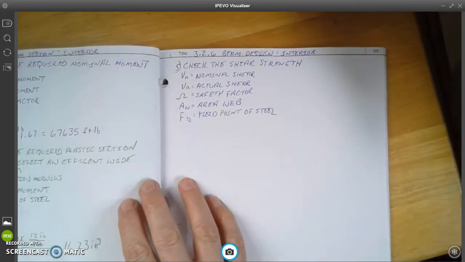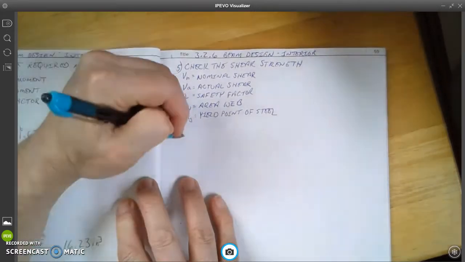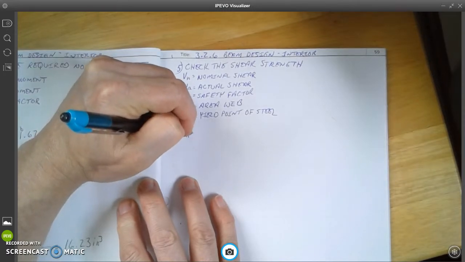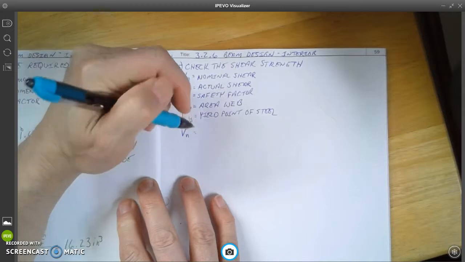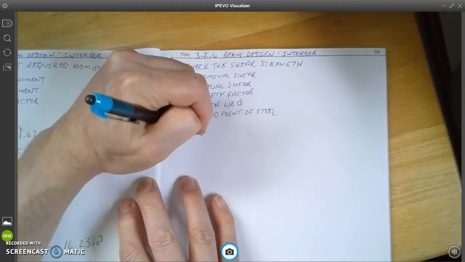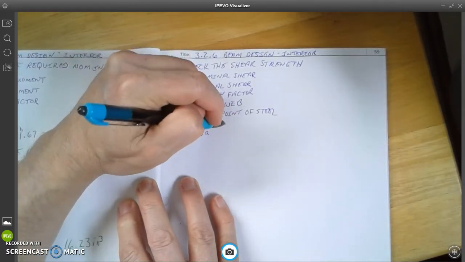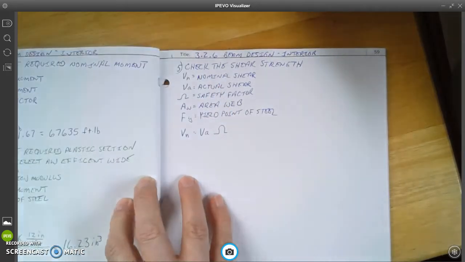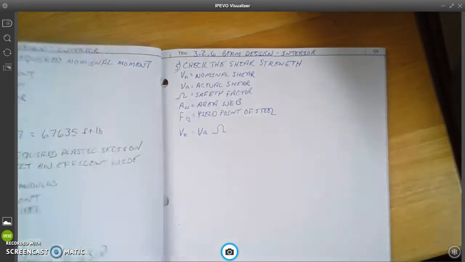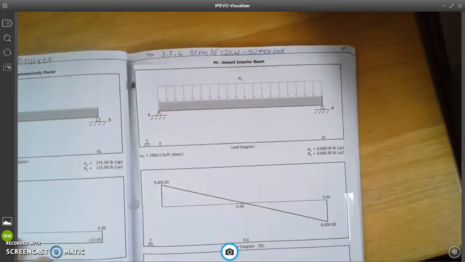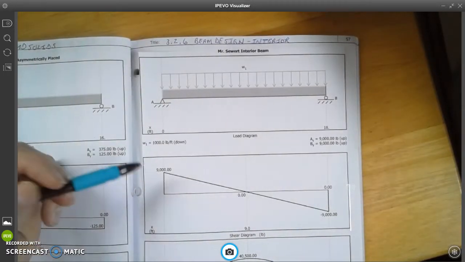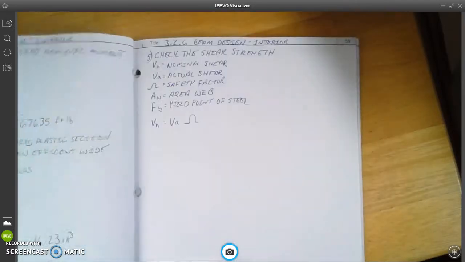But the formula for this is our shear nominal is going to be equal to the shear actual times a safety factor. Now, the shear actual here, and that comes from our shear diagram, is 9,000 pounds.